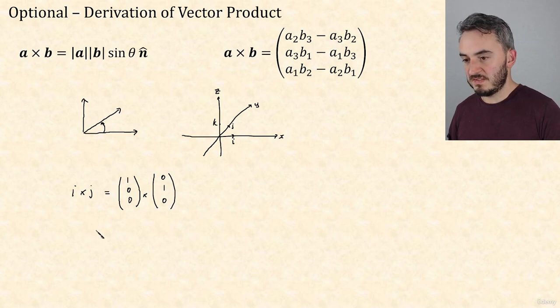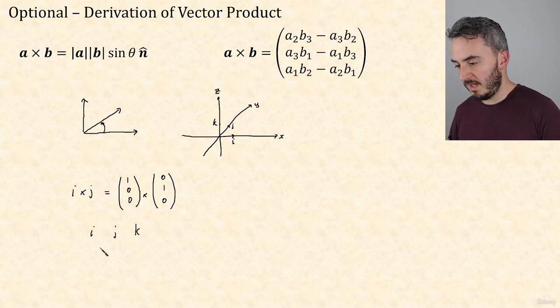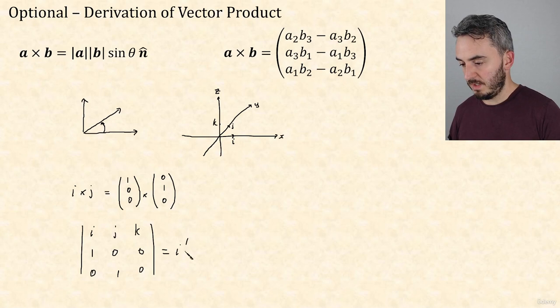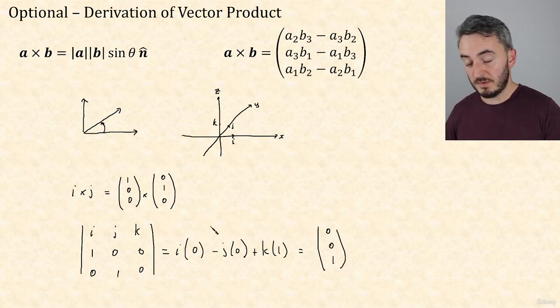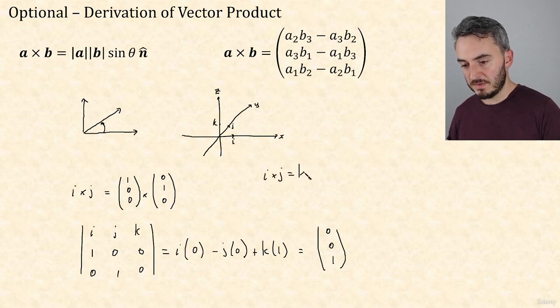Well, what do we get? i, j, k, 1, 0, 0, 0, 1, 0. So what do we get? Well, it's i times 0 minus 0, minus j times 0 minus 0, plus k times 1 minus 0. So 0, 0, 1. What we've just shown is that i crossed with j is k. So i crossed with j equals k.